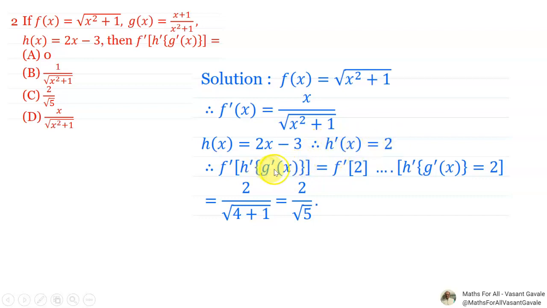Therefore here we write h dash of g dash of x as 2. Therefore f dash of 2 means we replace x by 2, that is 2 upon root of 2 square plus 1, that is 2 by root 5. And hence option C is correct here, that is 2 by root 5.